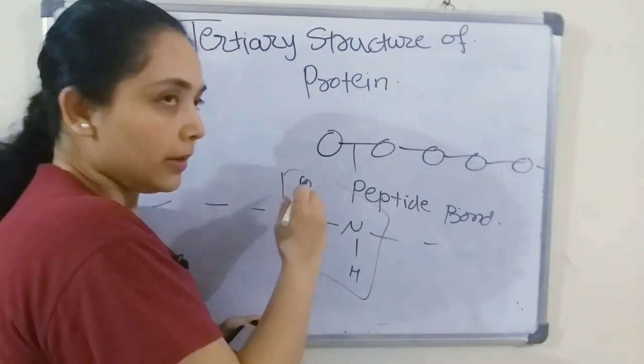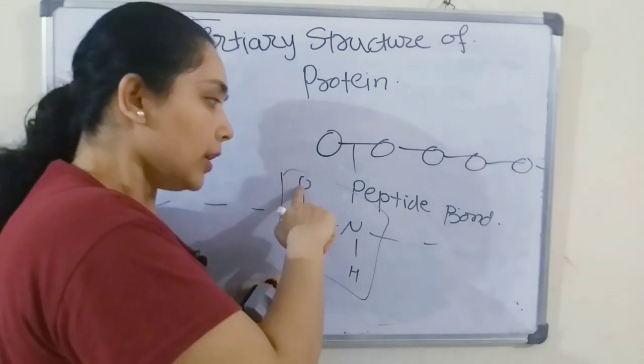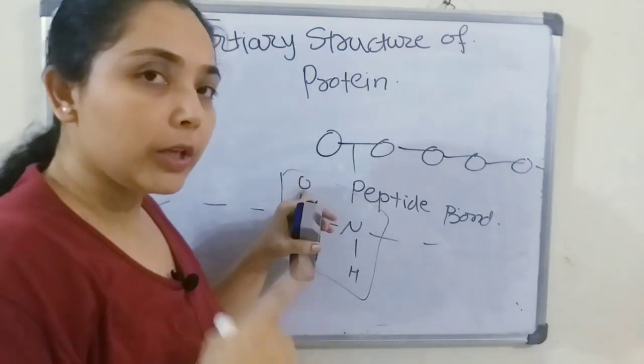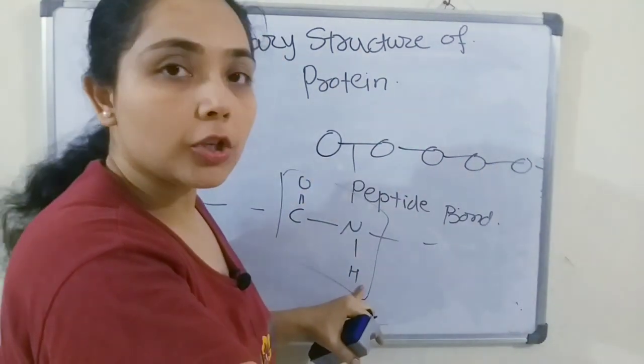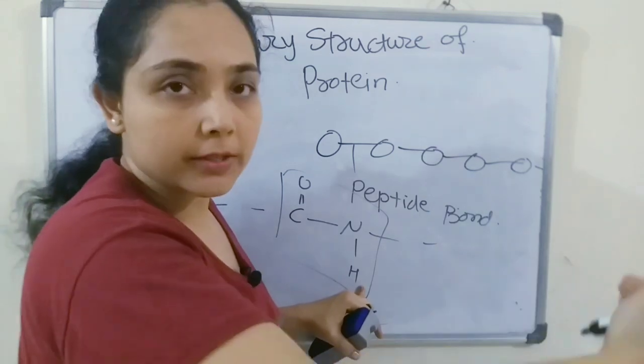In the secondary structure, there is a formation of the hydrogen bond between the carbonyl oxygen of one amino acid and the amide hydrogen of another amino acid which is a few amino acids away from it.